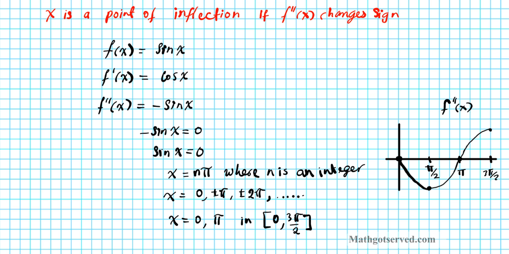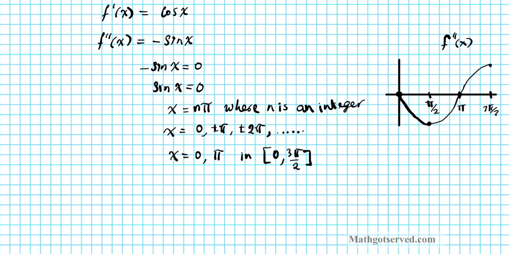Now we're looking for where it's concave up and concave down. So what we're looking for is the sign of the second derivative. We're going from 0 to pi, and then pi to 3 pi over 2. What's happening here is one of the endpoints happens to be a point where the second derivative is 0 also, so we have an overlap in this endpoint.